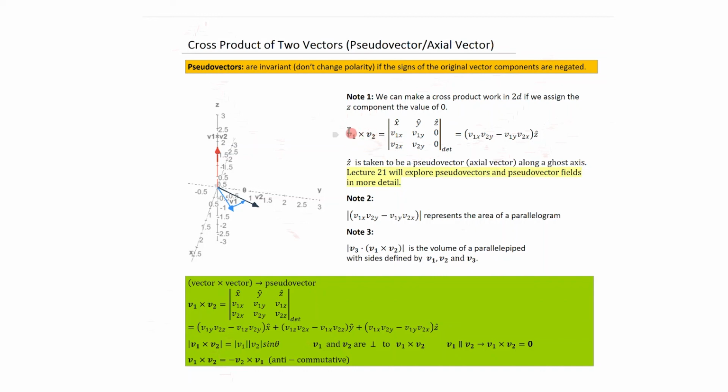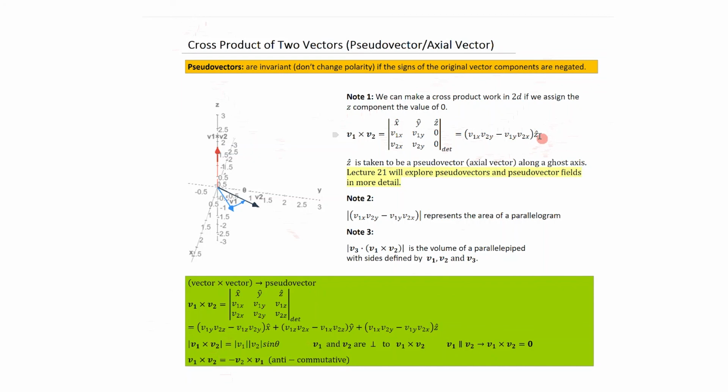But in that case, we are presuming that vectors v1 and v2 exist in 2-dimensional space, not 3-dimensional space. But the z hat vector in 2D doesn't exist. And yet when we compute the cross product, which is the determinant of this matrix, we end up with this expression, a z hat. Well, how can that be?